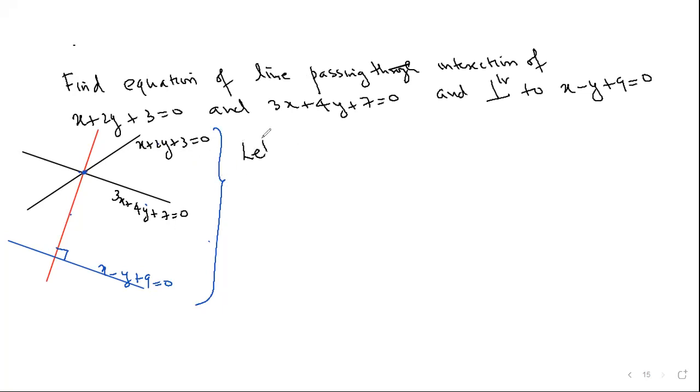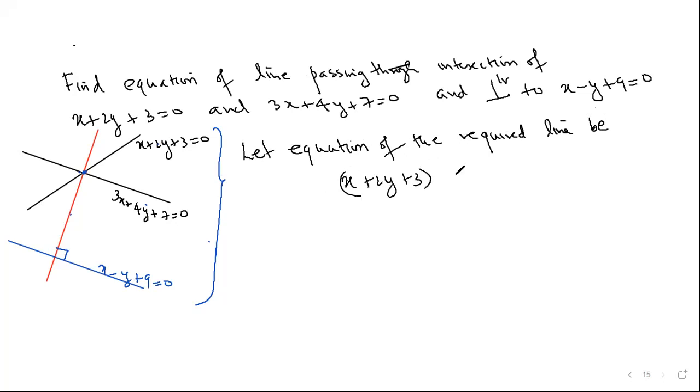So let the equation of the required line be x plus 2y plus 3 plus k times 3x plus 4y plus 7 equal to 0. Now arrange them.